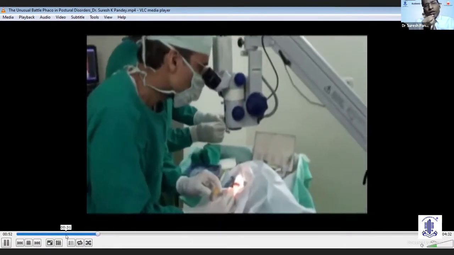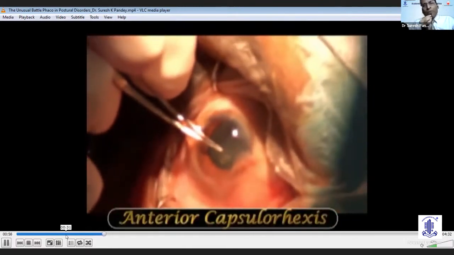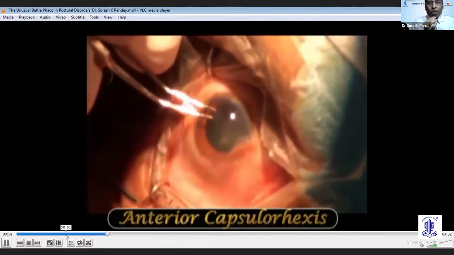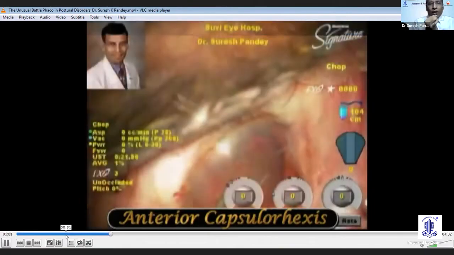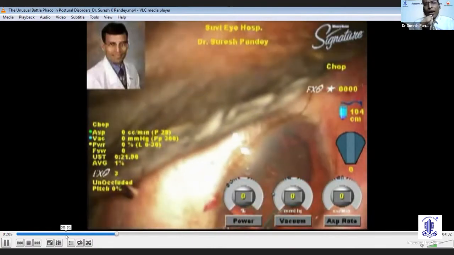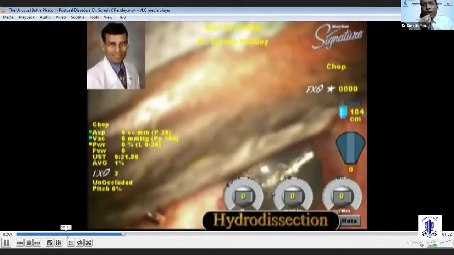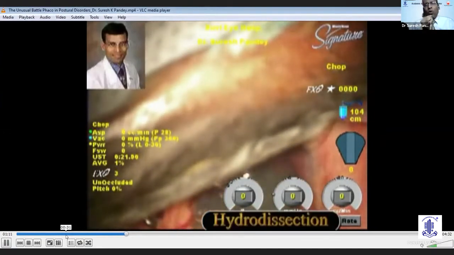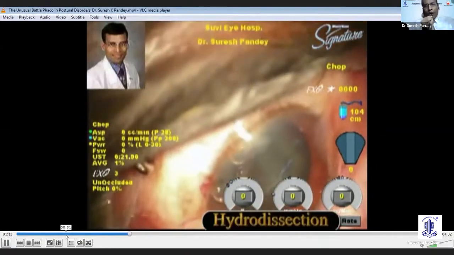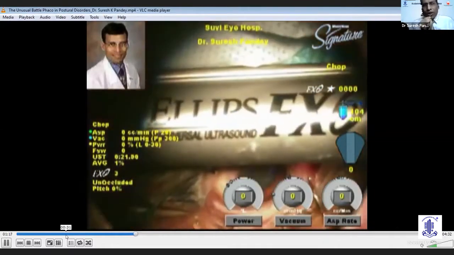We asked him to sit on the table, and the surgeon took a standing position. You can see the capsular access being done. We used the basic Zeiss microscope, although a mounted microscope can be helpful in such cases.